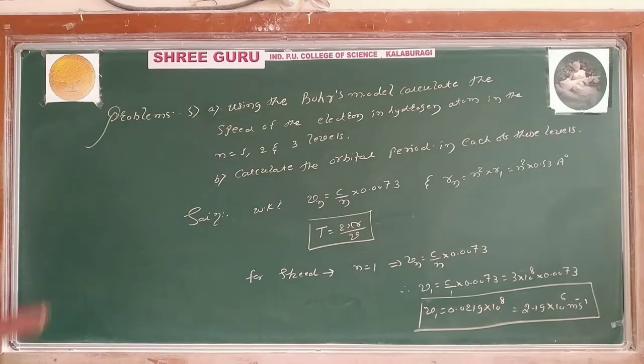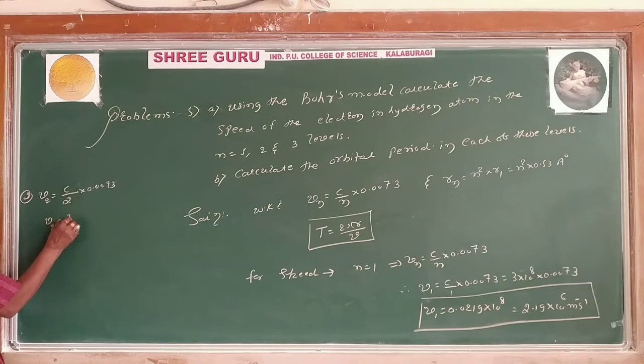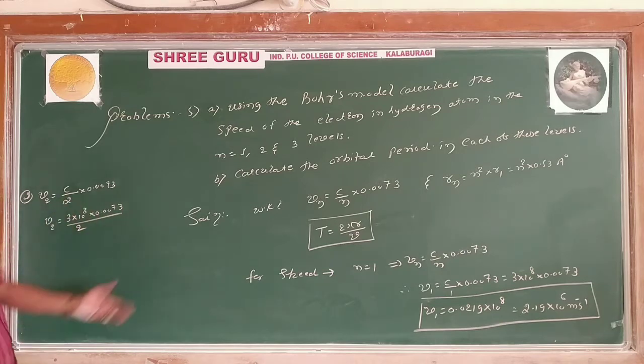Then the second velocity, V2 equals to c by 2 into 0.0073, that is V2 equals to 3 into 10 to the power of 8 into 0.0073 divided by 2. Divide that by 2, then you get the answer.